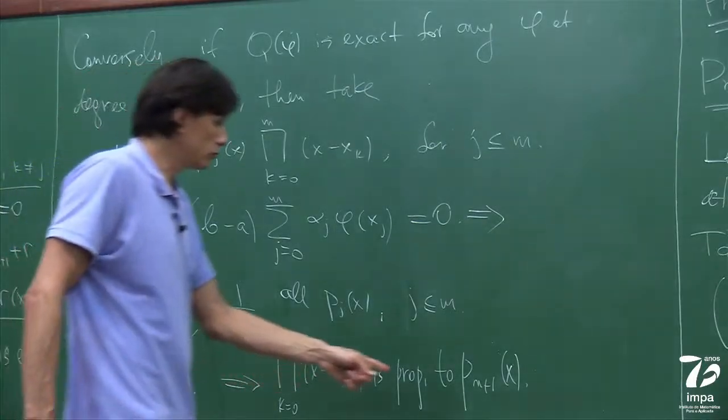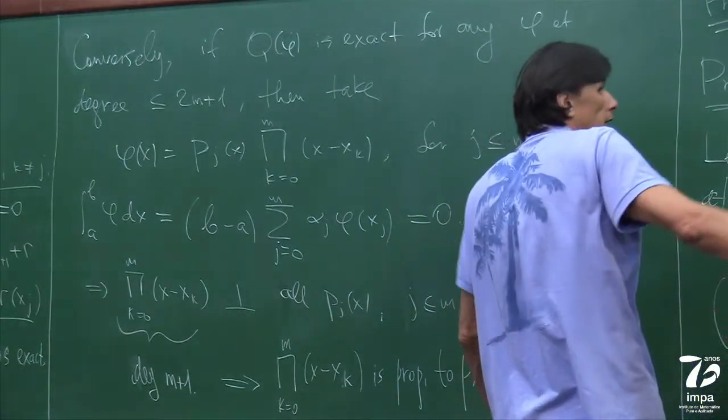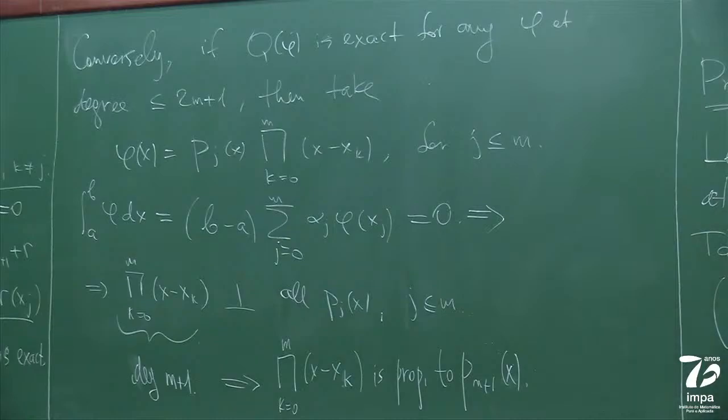And if this is true, then these xk are roots of this polynomial, as we wanted in this theorem.